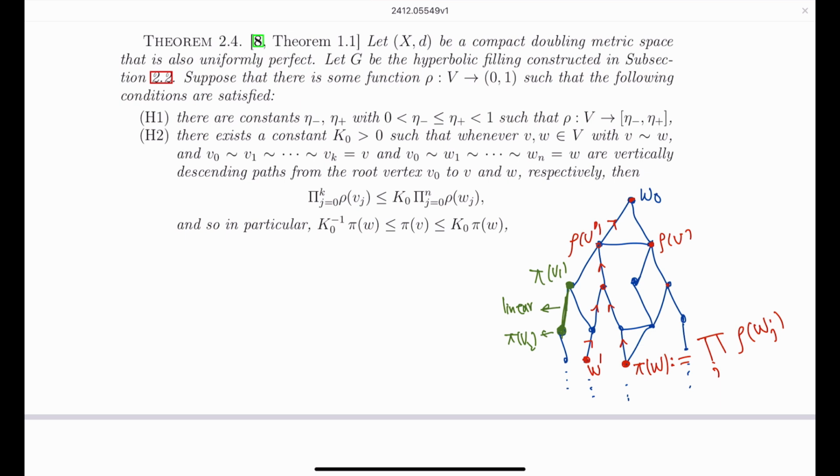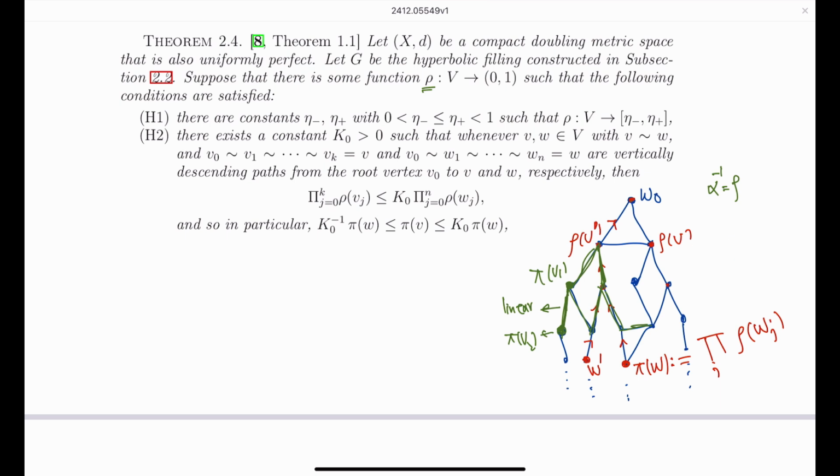Remember, each segment is identified with the interval 0, 1. Now you have a pi function defined on all of your graph, vertices and edges. And remember, rho was between 0 and 1, so this pi is actually very small as you go down because you keep multiplying. For example, if rho is a constant function, in our previous example, this would be alpha to the minus 1, and then pi would be alpha to the minus n at level n, because you multiply n of these to reach there.